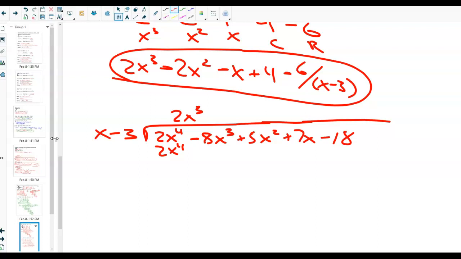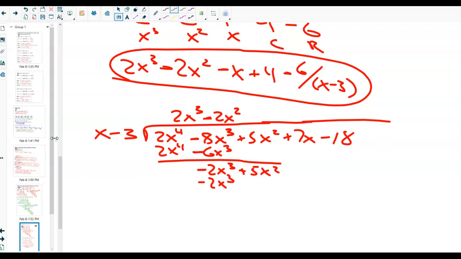What times x gives you 2x to the fourth? 2x cubed. 2x to the fourth times x is 2x to the fourth minus 6x cubed. When I subtract, negative 8 minus a negative 6 is negative 2x cubed. Bring the 5x squared down. What times x gives me negative 2x cubed? Negative 2x squared.